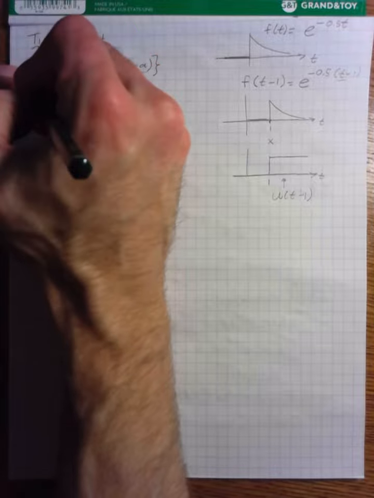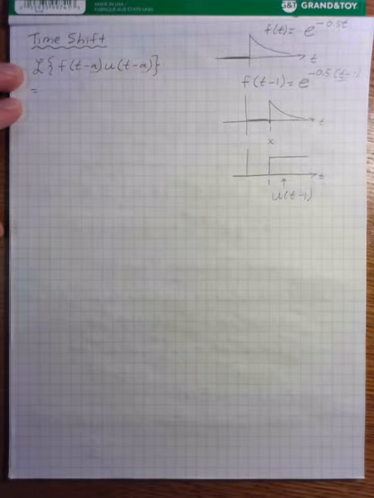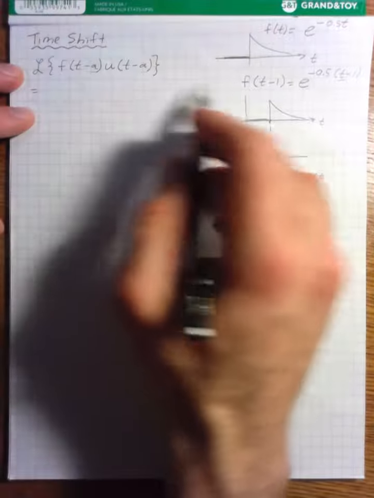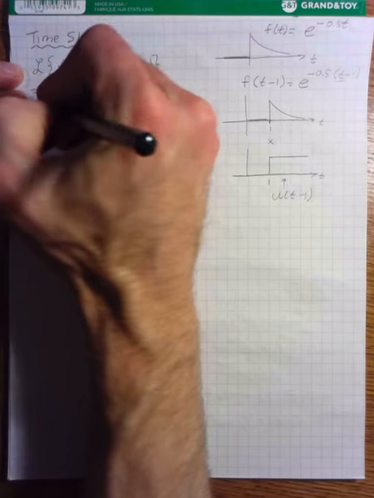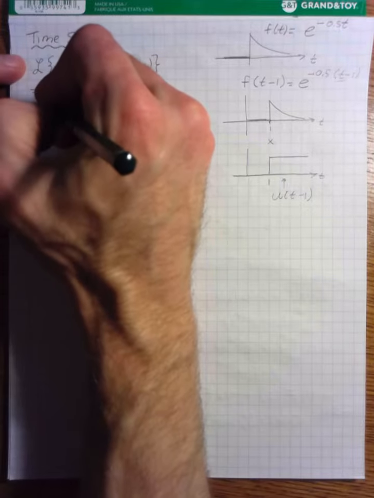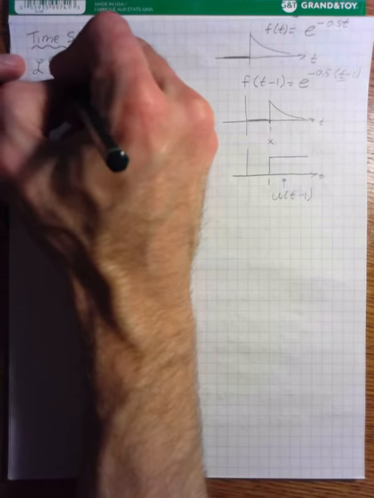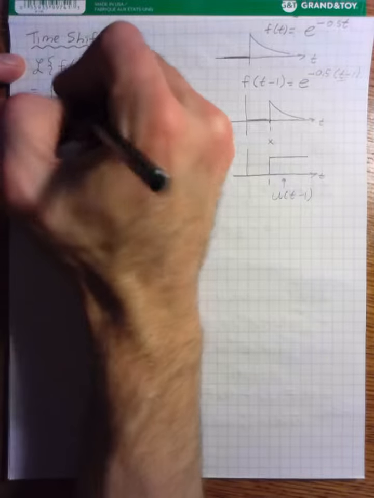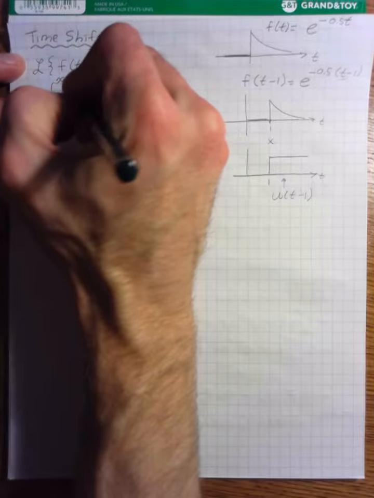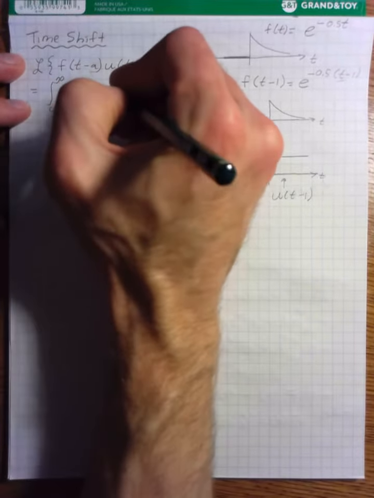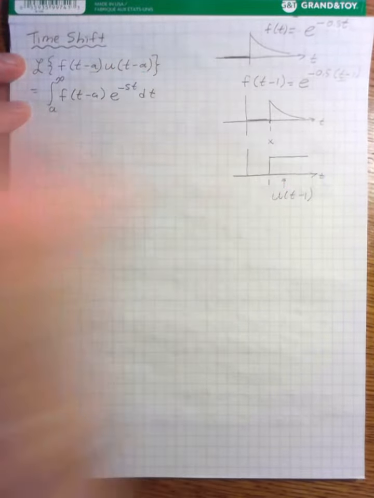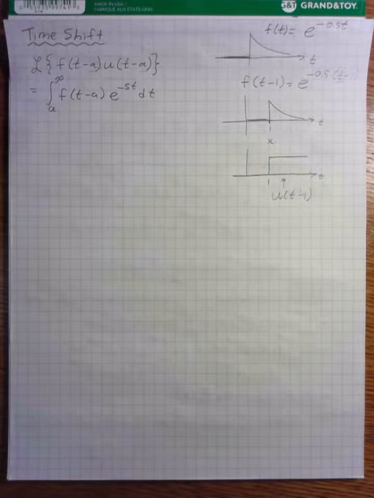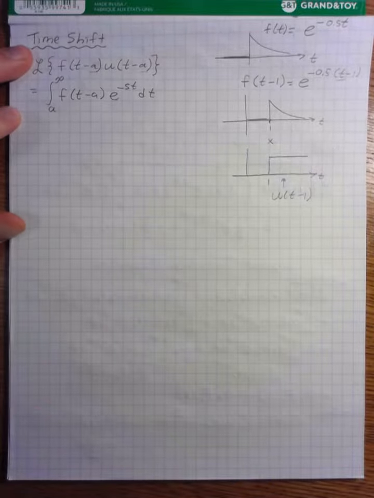And so if we take the Laplace transform of that, because this is 0 all the way up to the time shift value a, we now only have to integrate from a to infinity, f of t minus a e to the minus st dt. So to solve this integral, we do some variable substitution.